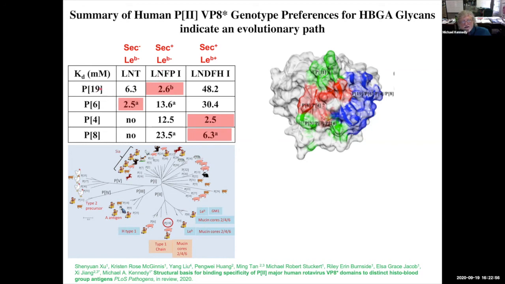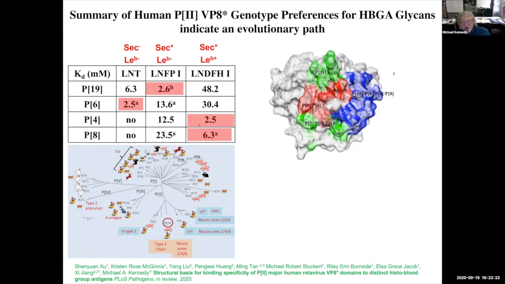P19 has the tightest binding to a Lewis B negative and secretor positive phenotype. P6 binds tightest to a double negative. And then we have P4 and P8, the ones primarily responsible for human infections, binding most tightly to the Lewis positive and secretor positive glycans.